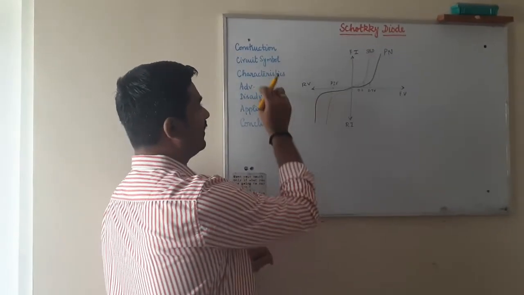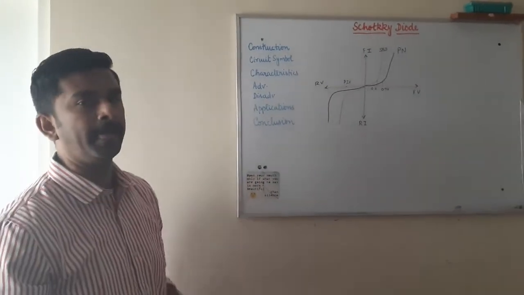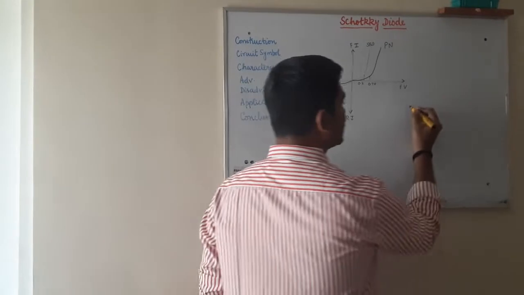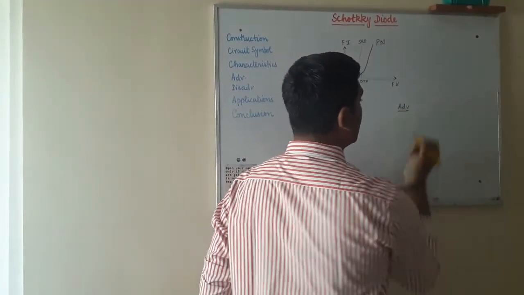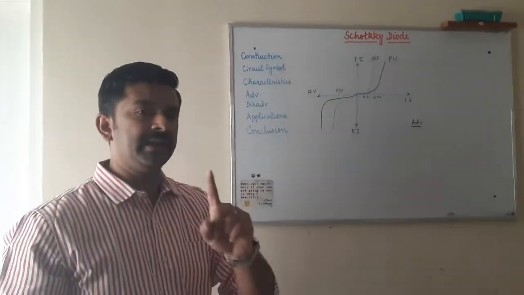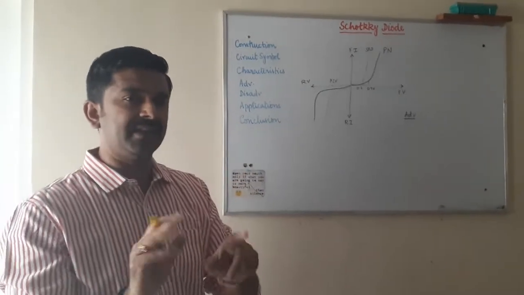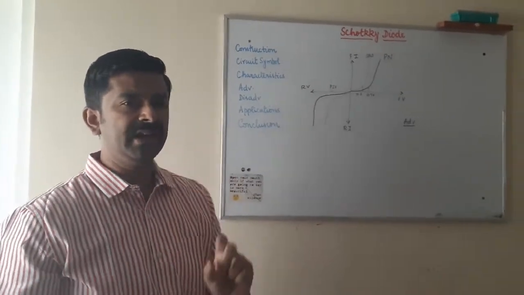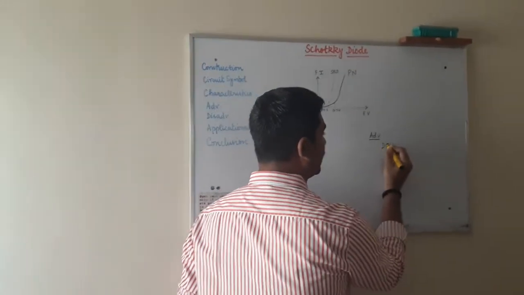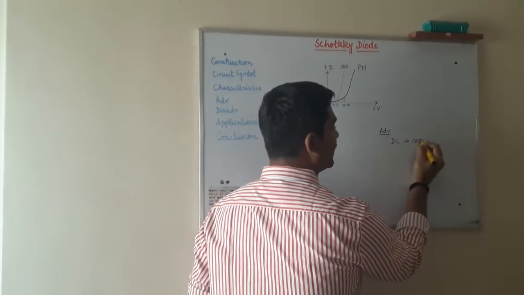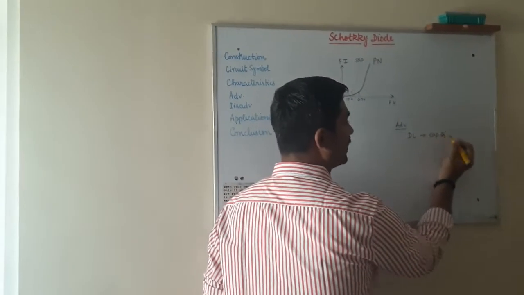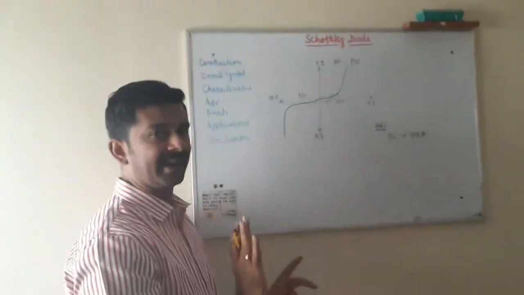Now coming on to the advantages and disadvantages of Schottky barrier diode. Advantage அப்படினு பாத்துக்கிட்டீங்க அப்படினா, முதல்ல கன்ஸ்ட்ரக்ஷன்ல பார்த்தாலே தெரிஞ்சிரும் there is no depletion layer. அப்படினும்போது capacitance கிடையாது, junction capacitance is not present in a Schottky barrier diode, right?